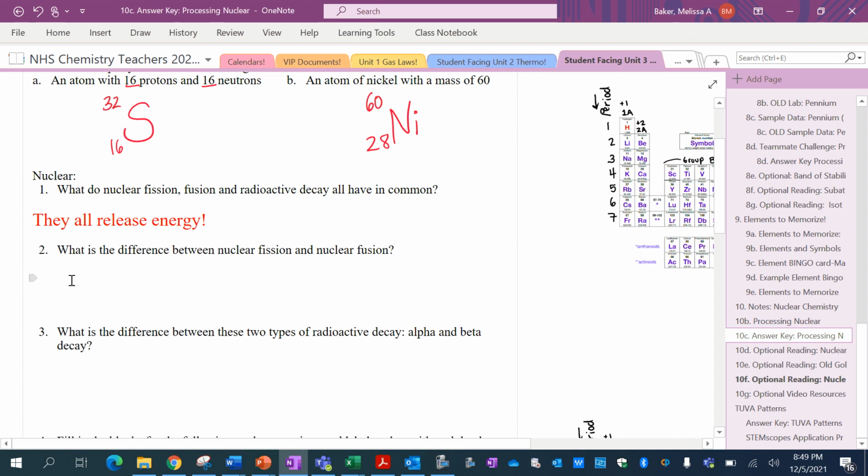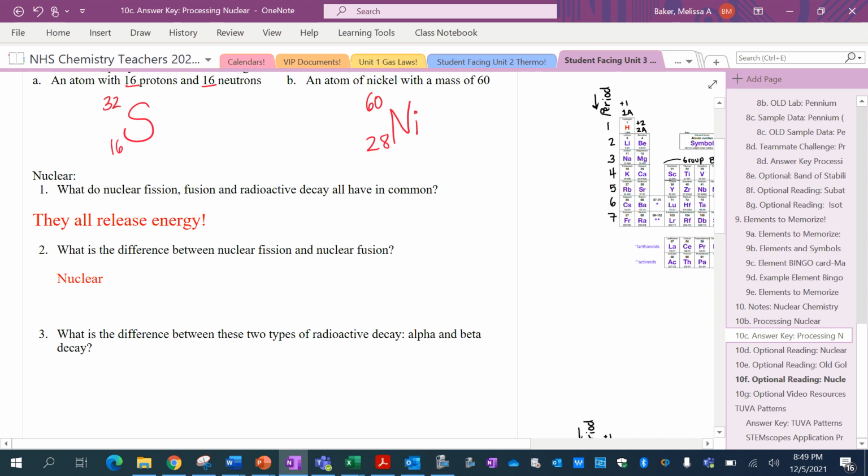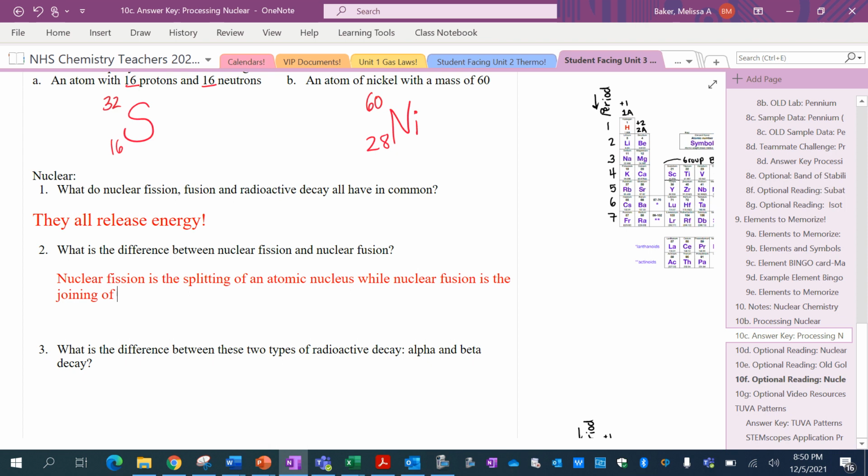What's the difference between nuclear fission and nuclear fusion? So nuclear fission is the splitting of an atomic nucleus, while nuclear fusion is the joining of two atomic nuclei.